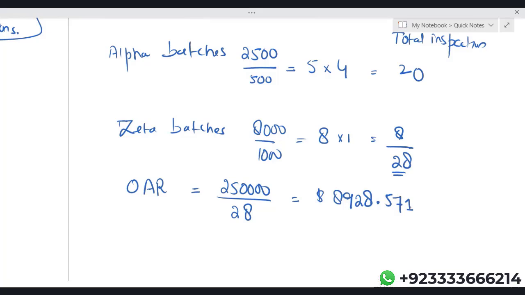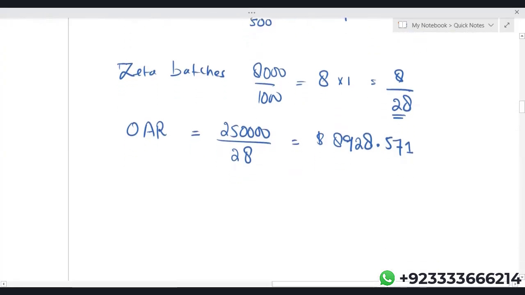So we have calculated the overhead absorption rate per inspection. Now, we need to calculate the inspection cost for Alpha per unit. First we need to calculate how much inspection cost relates to Alpha.